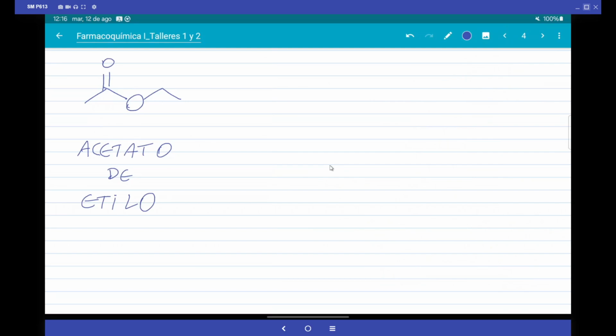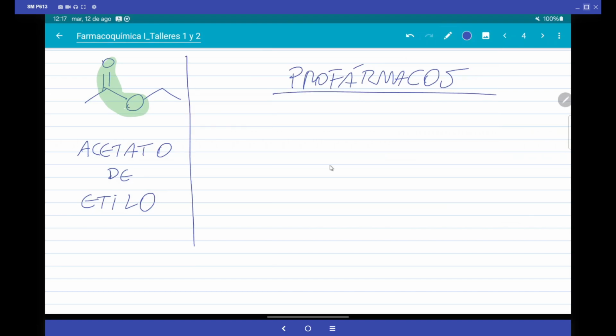We are going to say something important to culminate today on the esters, and with this I finish. In medicinal chemistry, esters have been widely used in the formulation of prodrugs. Exactly, very common.